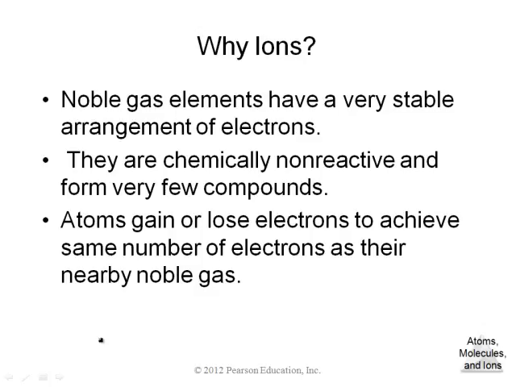That is human nature. Just like that, all these other elements want to be like the noble gases. So they will try to have the same kind of electronic arrangement as the noble gas. In order to reach there, they will either lose electrons or gain electrons. Okay? So this gaining or losing of electrons comes from that desire to become like a noble gas.